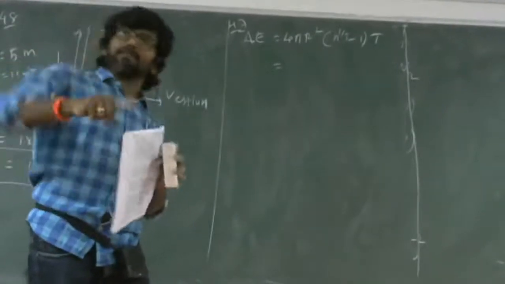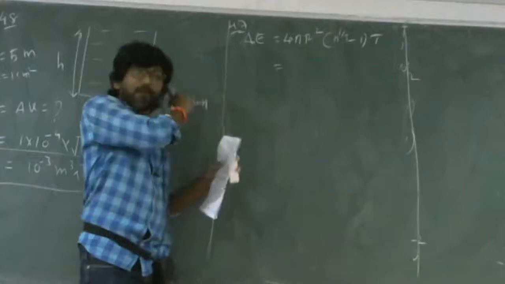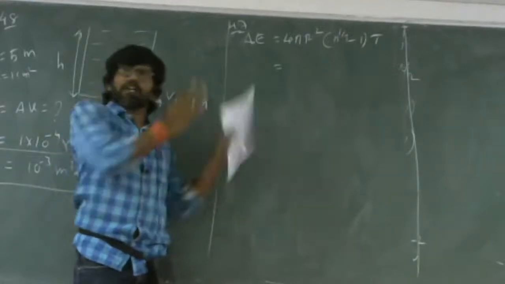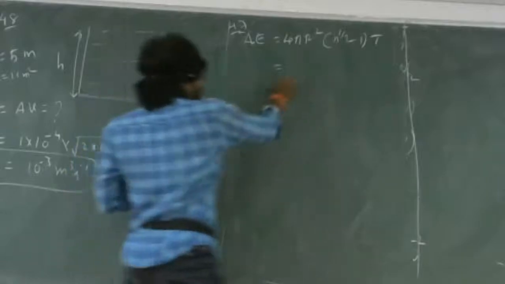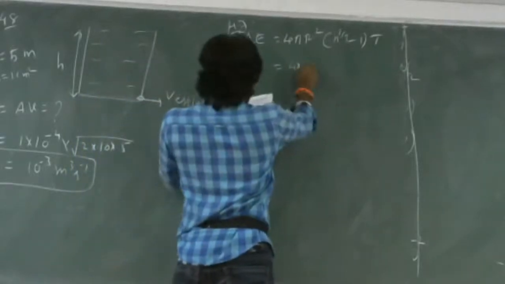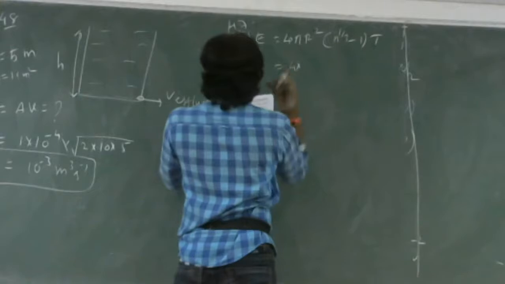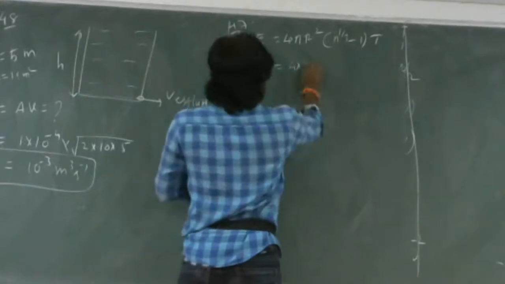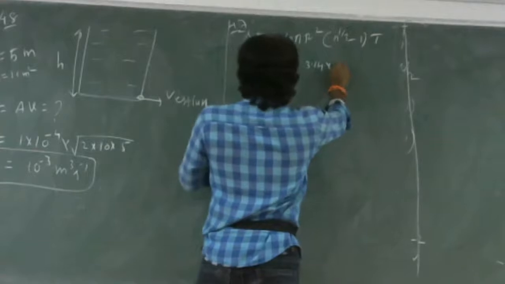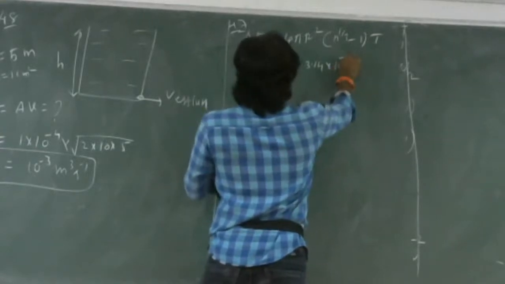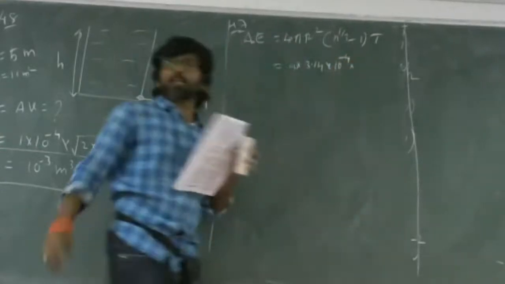If not, you have to convert. All quantities should be in the same units, better to convert to SI units. So it is equal to 4 into pi, 3.14, into r, which is 1 centimeter, meaning 10 to the power minus 2, whole square is 10 to the power minus 4, into n power 1 by 3 minus 1.